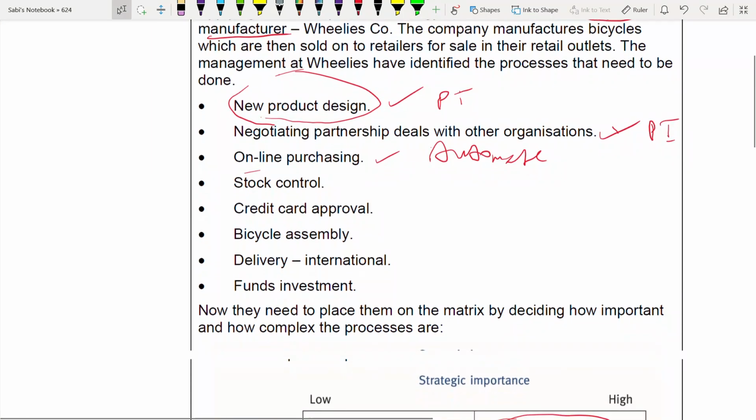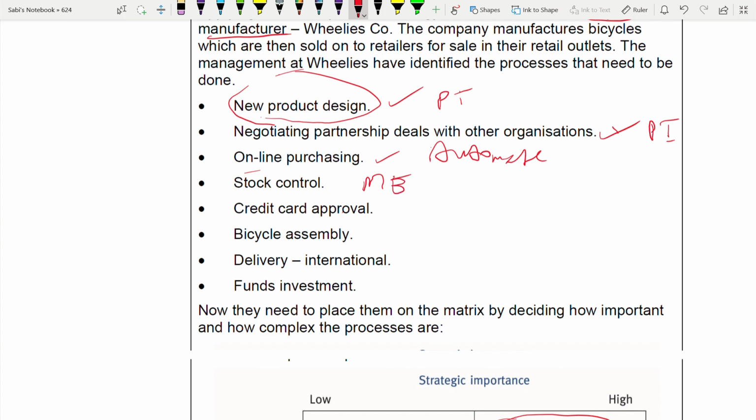See, not every company will have stock control as minimal effort. It depends on the industry you are at. This is a bicycle manufacturer. If it is some other industry, okay, remember, things might change. If it is in a supermarket, stock control is very important there. Because this is a bicycle manufacturer, stock control is not so important for this industry. So minimal effort.